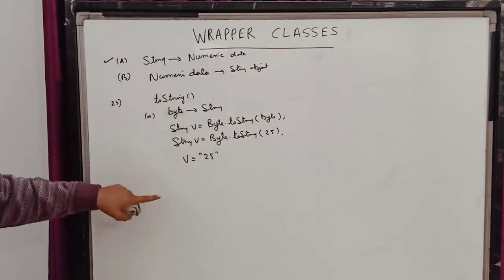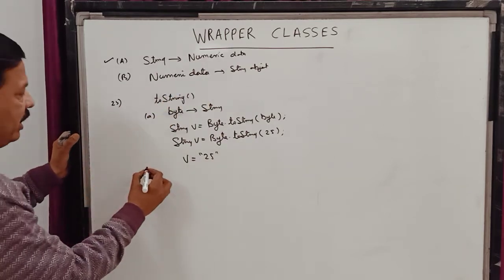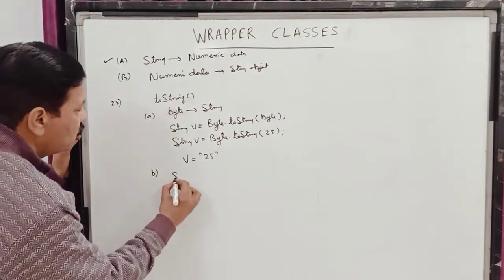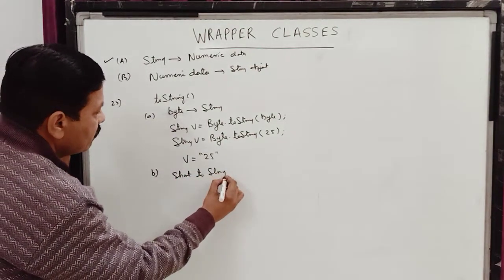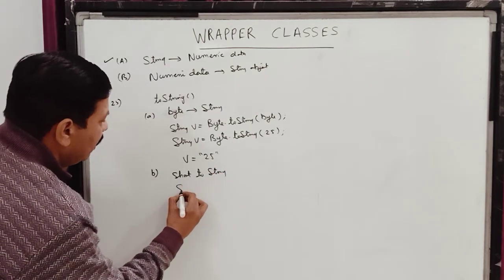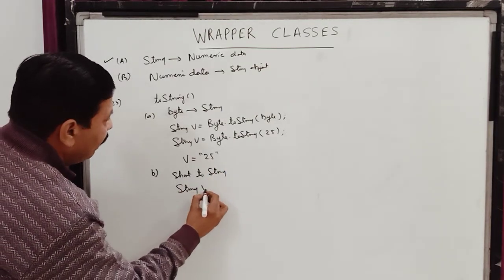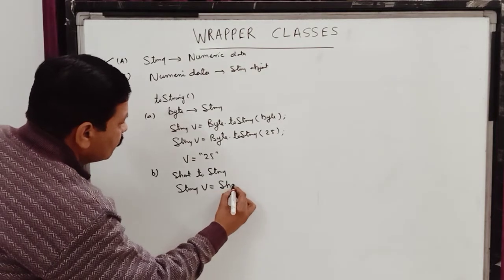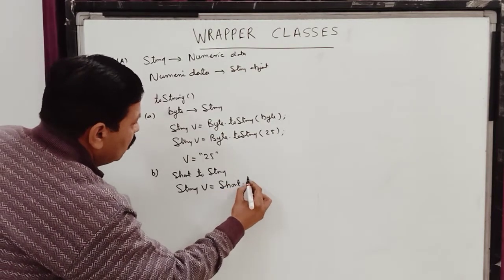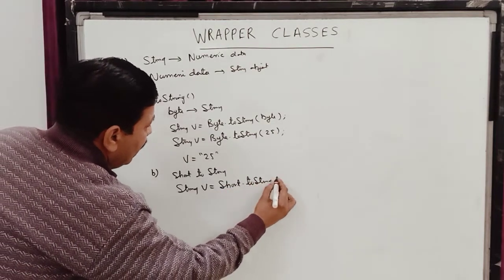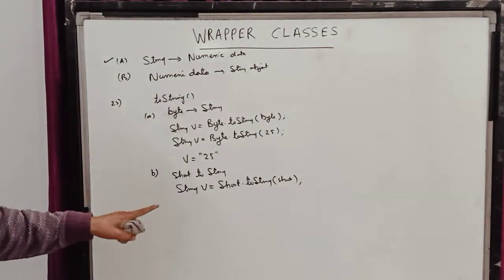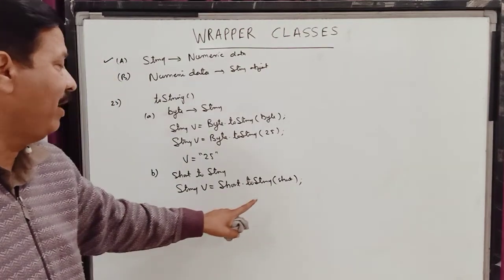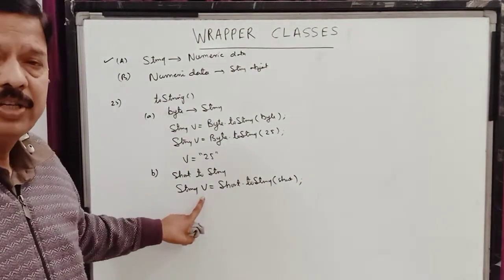Now we have all other functions to change. The next one is, if I want to change a short value to string, then the syntax of this function will be Short.toString, and here I have any short value. So it is going to convert my short integer value into a string value.